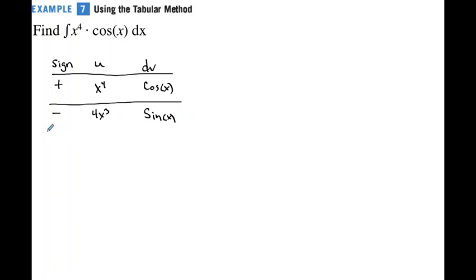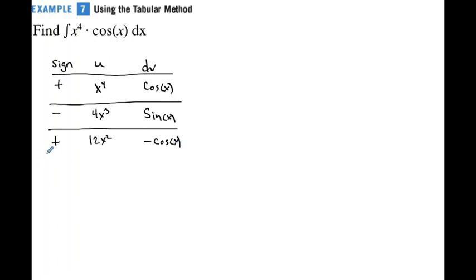And then we'll go to our next row. The signs are going to alternate. Now we have a plus. The derivative of 4x cubed is 12x squared. The antiderivative of sine of x is negative cosine of x.